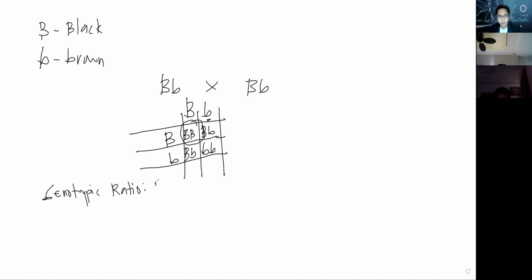This is homozygous because it carries only one kind of gene.